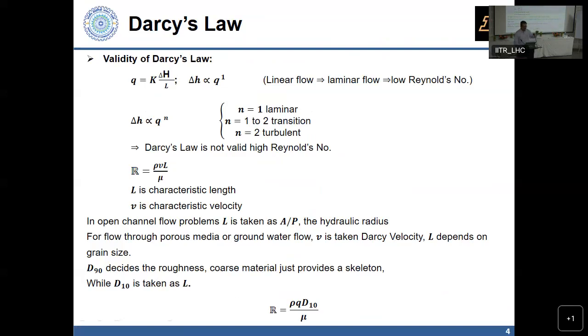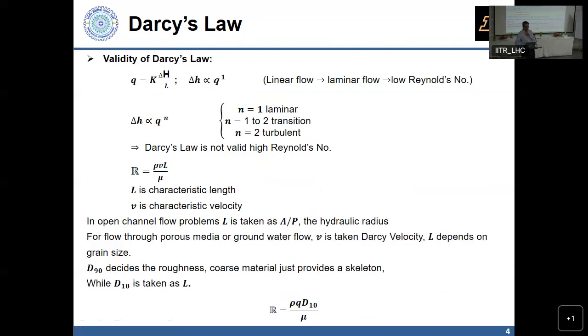When we do pipe friction, velocity is the average velocity of water in the pipe. The characteristic length over there is the diameter of the pipe. In porous media, the characteristic length is typically equated to the particle size diameters. So D10 gives you a size of the particles.